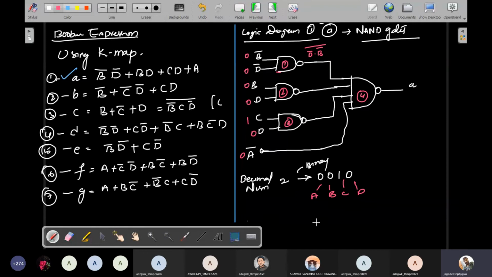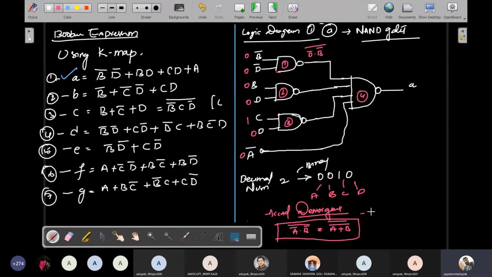But according to De Morgan's theorem, which I explained in the fifth paper: A bar dot B bar whole bar is equal to (A plus B) whole bar whole bar. This is the actual formula, a very important formula of De Morgan's theorem.